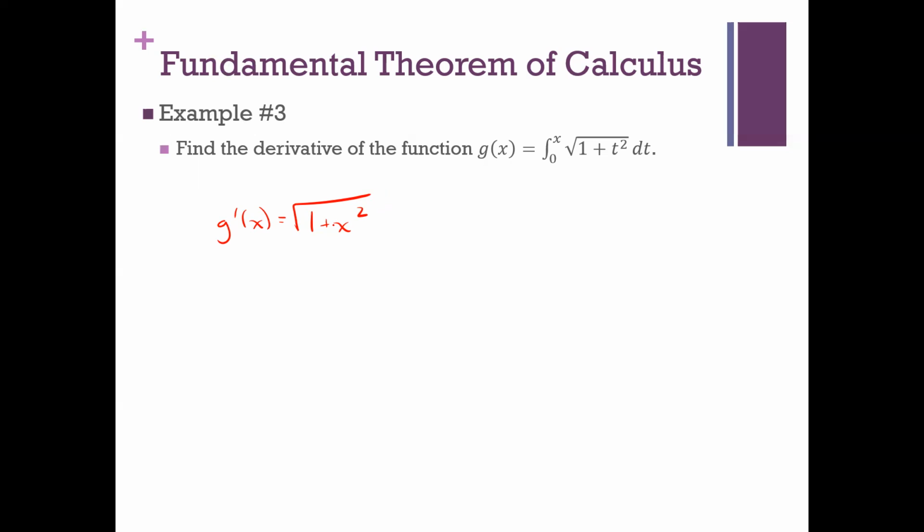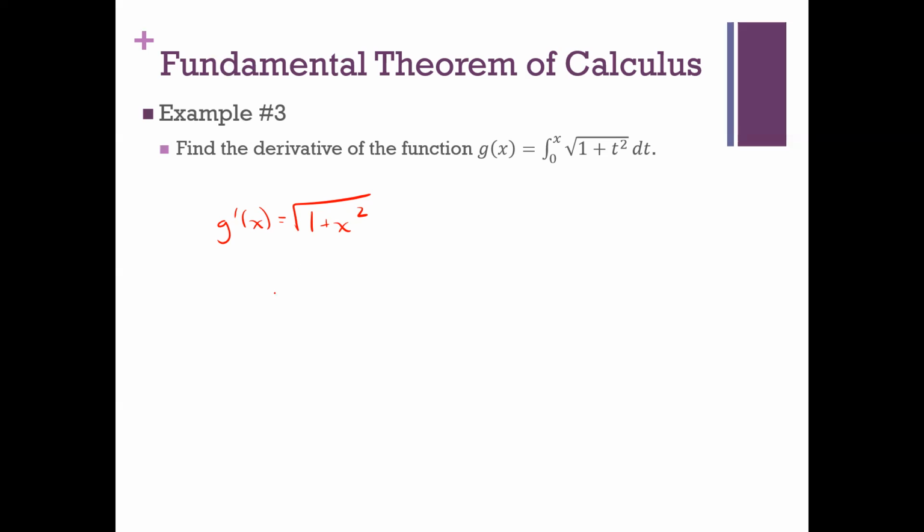Let's say you didn't recognize that. Unfortunately, the function square root of 1 plus t squared is not something that we have the tools to take an antiderivative of yet. But do we know that it has an antiderivative?